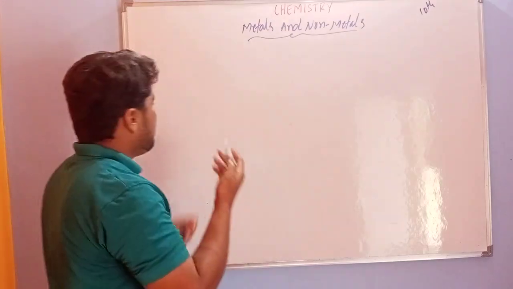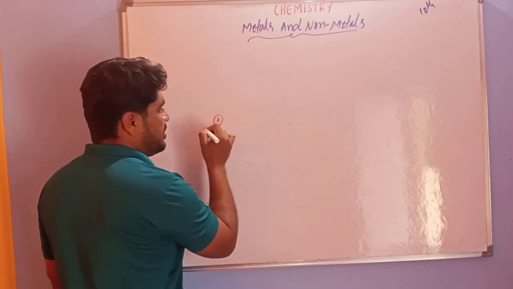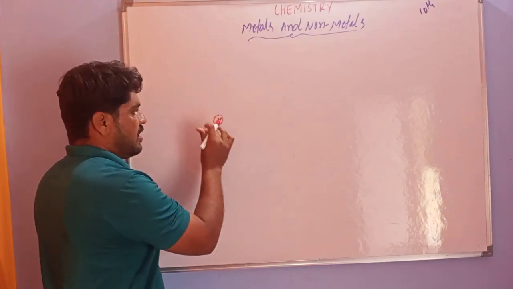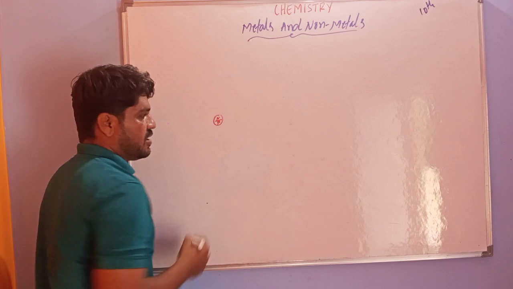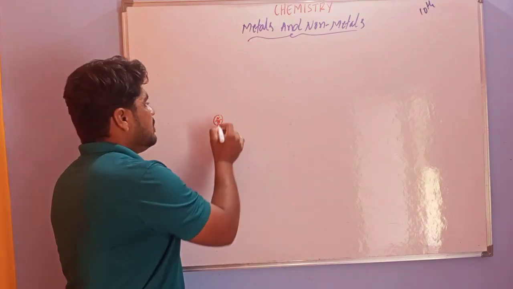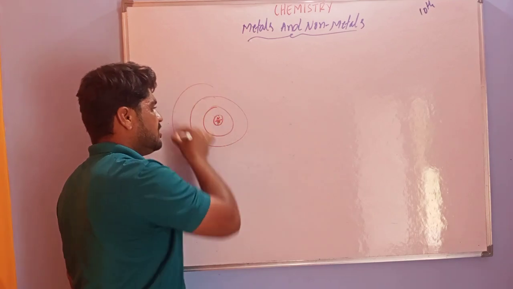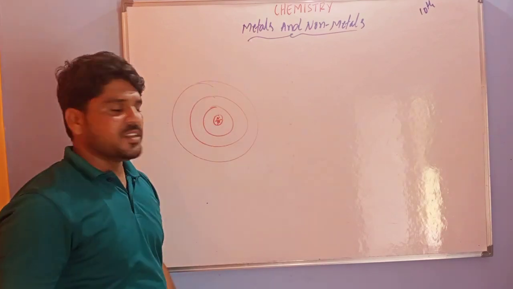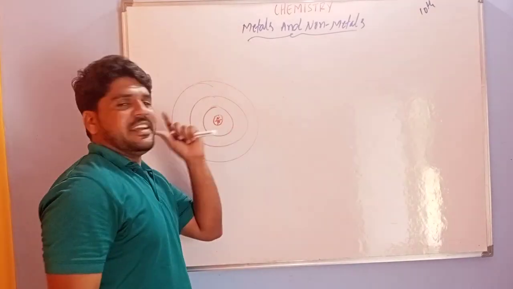Okay. So we know that in the center we have a nucleus. In that nucleus we can observe the neutrons and the protons. This nucleus is surrounded by many shells. In these shells, electrons are present.